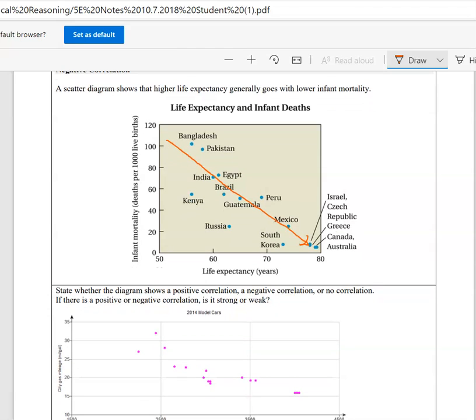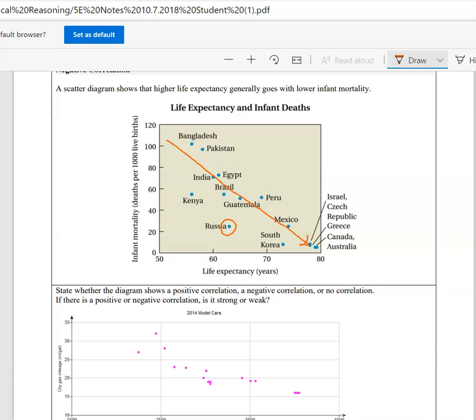It's a pretty strong negative correlation. There are some places, Russia is kind of way far away from the line, but we've got a pretty strong negative correlation, which means that as life expectancy goes down, infant mortality rates go up, or vice versa. As infant mortality rates go down, life expectancy goes up in that country.